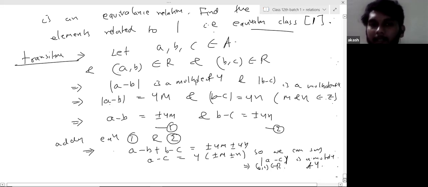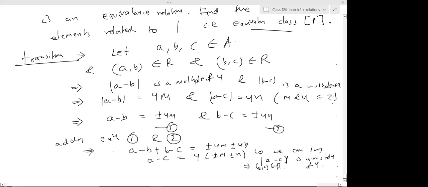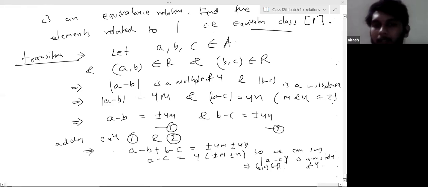We cannot write that A and B are both odd or both even, because that is not always true. If B is 12 and A is 10, both are even, but A minus B is not a multiple of 4, right, Krishna? Yes, sir. So this method is the perfect method to show that this is a multiple of 4.